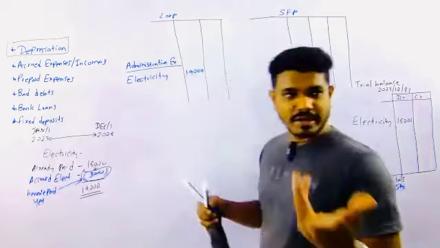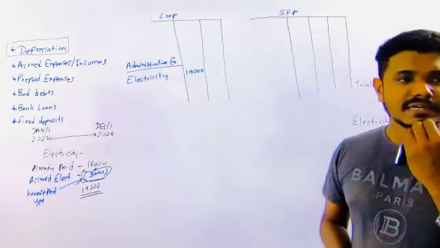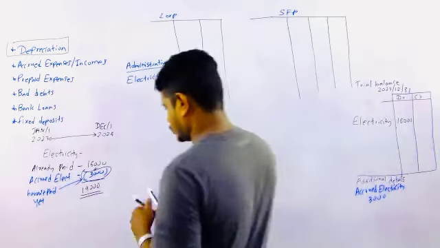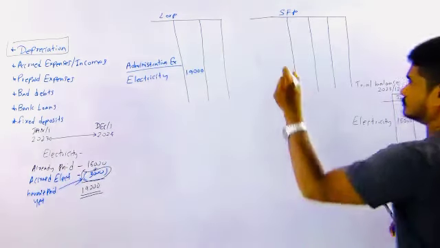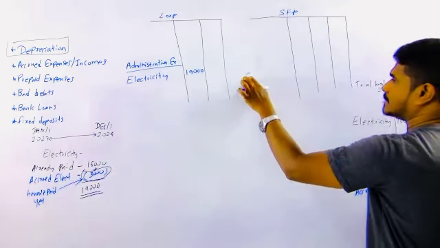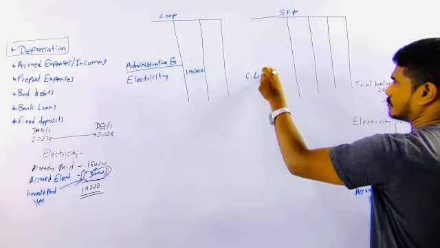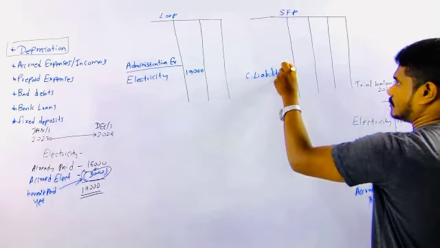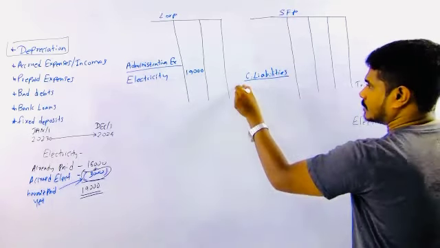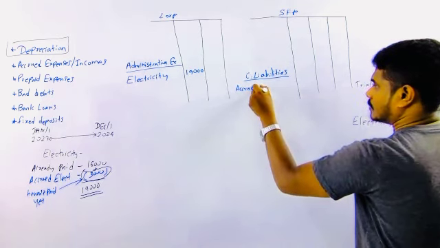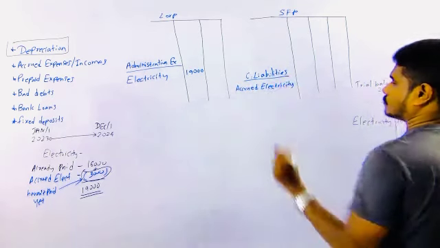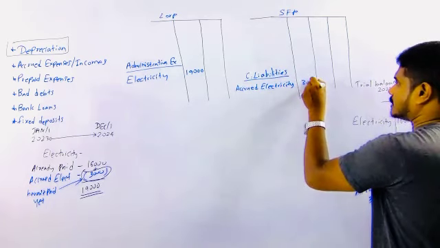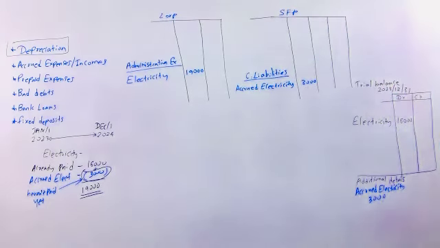So you already know accrued expenses are a liability, right? So this 3,000 is a liability. So under the current liabilities, we record accrued electricity as 3,000. Understood?